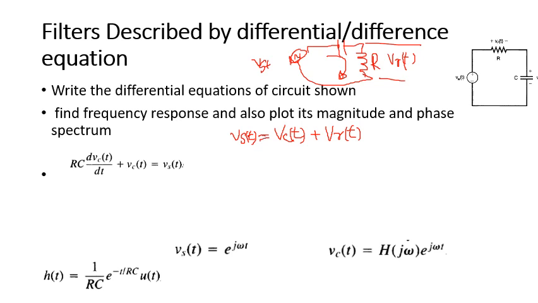Good. Because now the output is VRT, we have to express the VCT in terms of VRT. So how to do that?